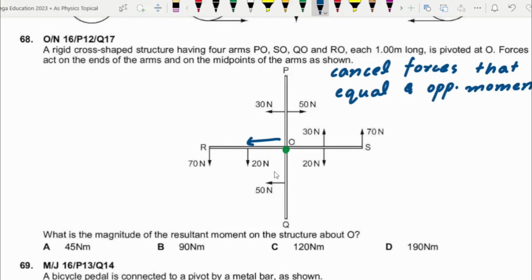It would produce a moment of 10 Newton meter anti-clockwise. Likewise, the other force on the right side would also produce the same moment but clockwise, and then they would cancel out. So instead of finding their moments and then cancelling the moments, I can cancel the forces straight away. So I'm going to remove these two forces from here.